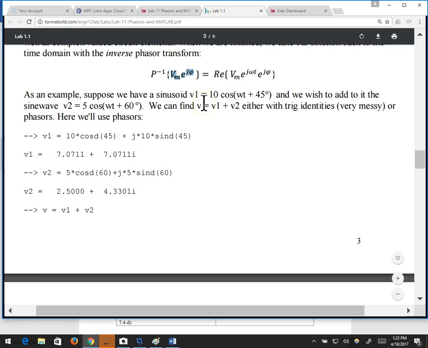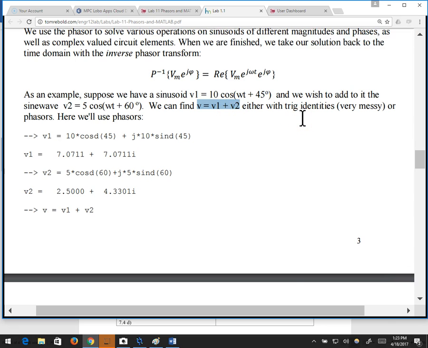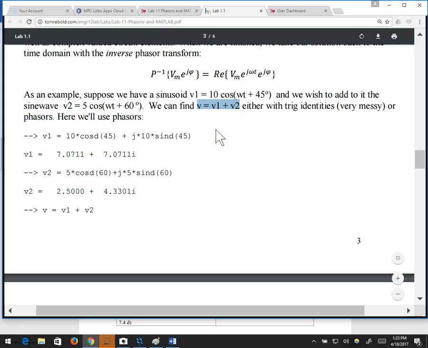So here's a process. Suppose you've got a sine wave of 10 cos(omega t plus 45 degrees), and you want to add it to another sine wave that's 5 cos(omega t plus 60 degrees). We want to find v equals v1 plus v2. If you had to use trig identities, that would be a really difficult thing. But with complex numbers, it's really easy.